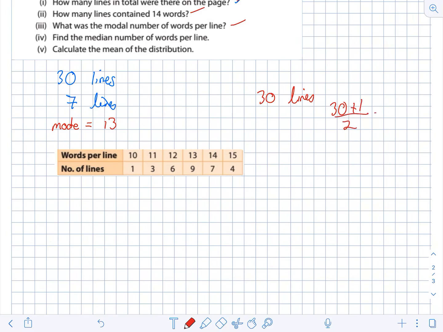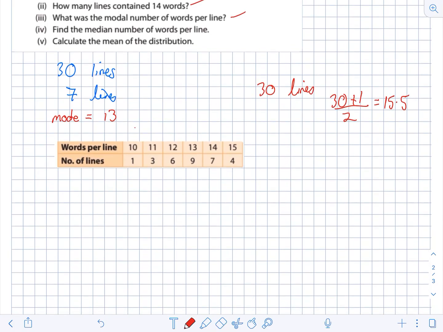So it's 30 plus 1 all over 2, so it's going to be 15.5. So we want to know, when do we pass the 15.5 line? Do we pass it in this column? No, because we've only passed one line. Do we pass it when we go from this column into this column? No, because to do that we're only going to pass at most 4 lines. That's no good to us.